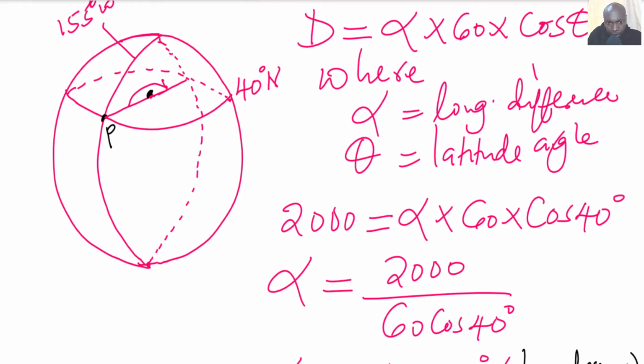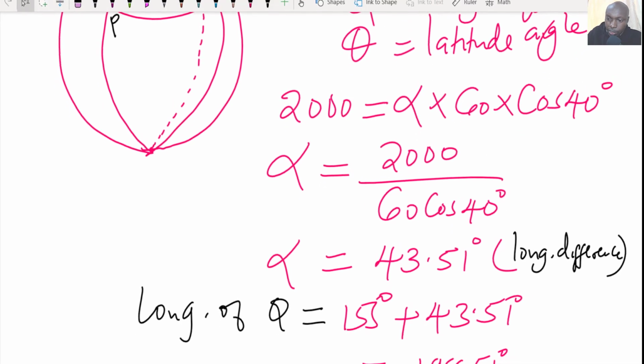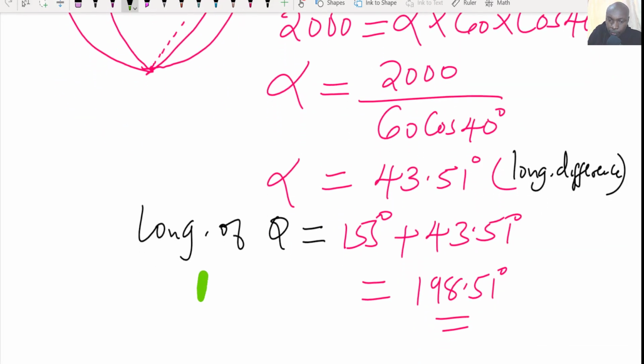So that is 180, but it is moving further. If it is moving further, then it gets out of that longitude and moves to another longitude. So let me subtract 198.51 minus 180.